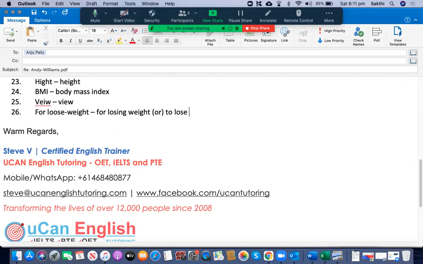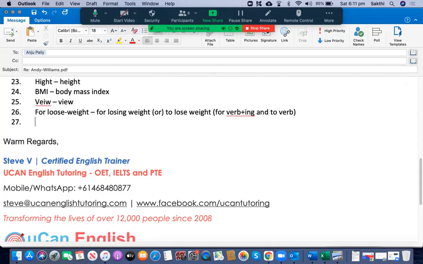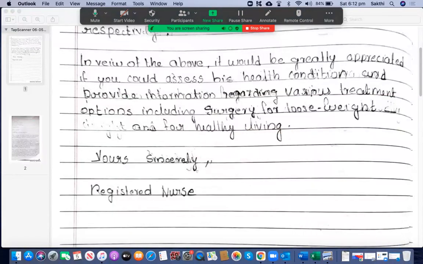So, to lose weight. "For" goes with the verb plus ing, and "to" goes with the verb only. Simple. So don't confuse them. Don't say "for" and then "lose weight". That's wrong. For losing weight. Clear.